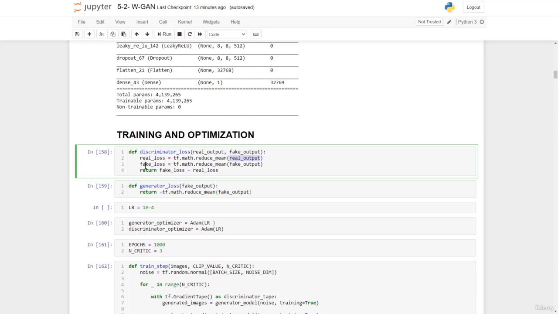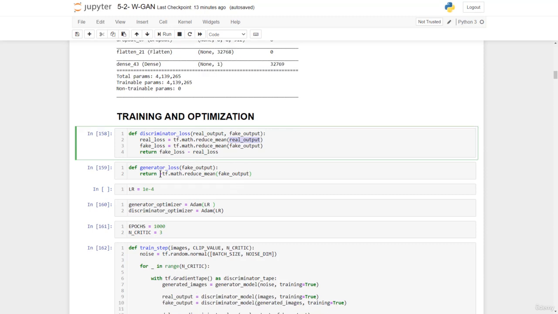Then we simply subtract these two, giving us real loss minus fake loss as given in the paper. Then for the generator loss, we simply have the fake data which passes into the generator, and then we sum up all this and get the mean value.